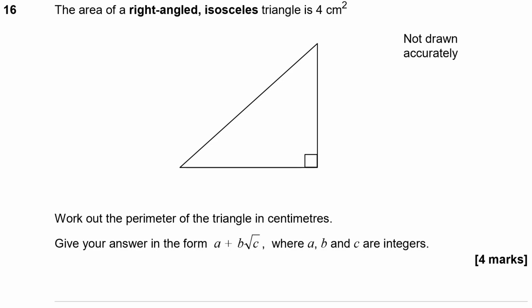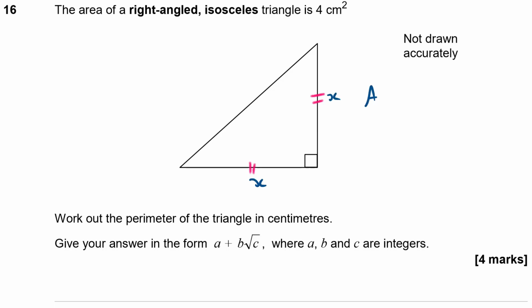Okay, so we're given this triangle. We know it's got a right angle in it, and we also know that these two sides must be the same because it's isosceles. Now the area of a triangle is half base times height, so we don't know the height or the base, but we know they're the same, so I'm going to call them x.